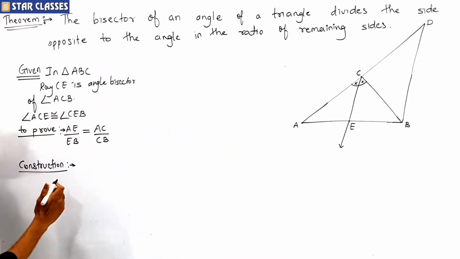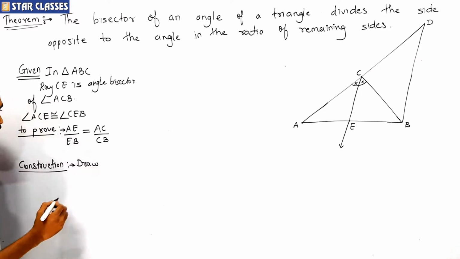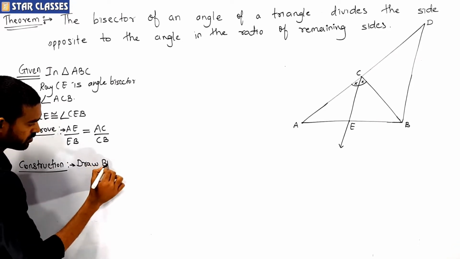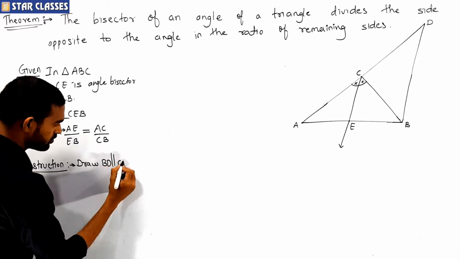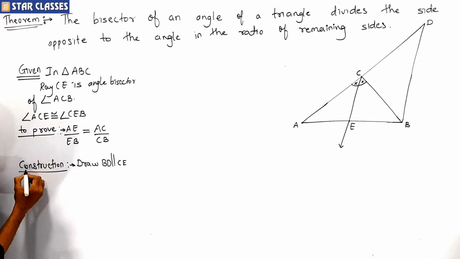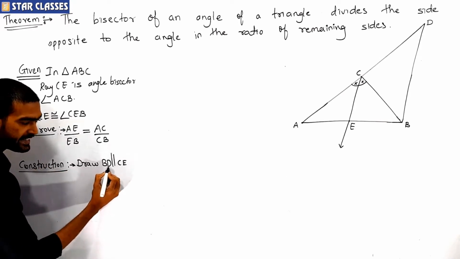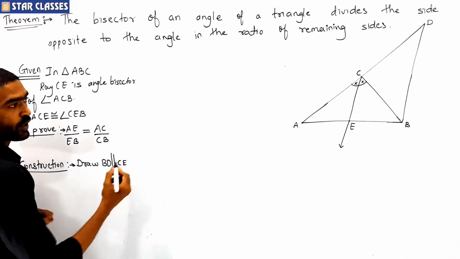So we'll write here construction. Draw BD parallel to CE. This we have done. Construction. Draw BD parallel to CE. And what we have done?